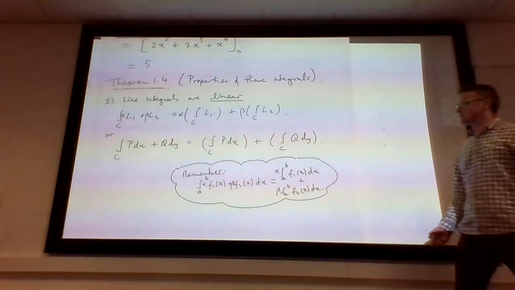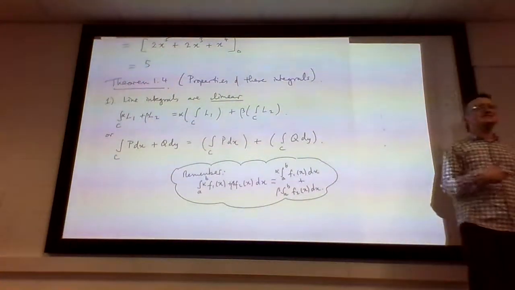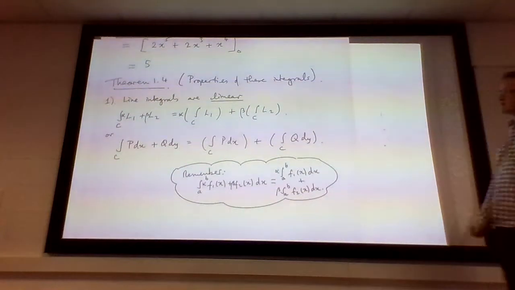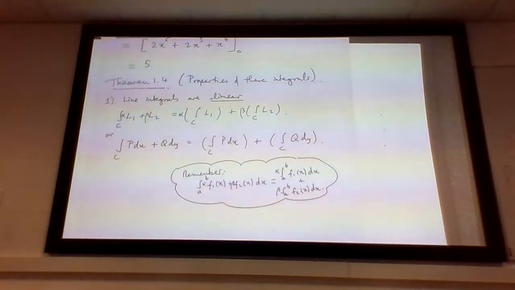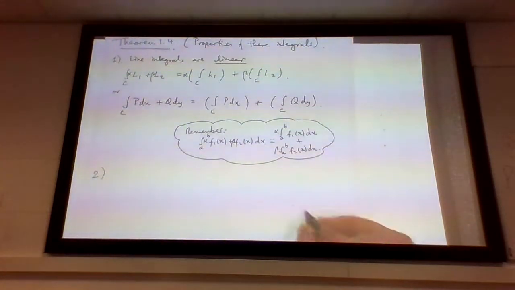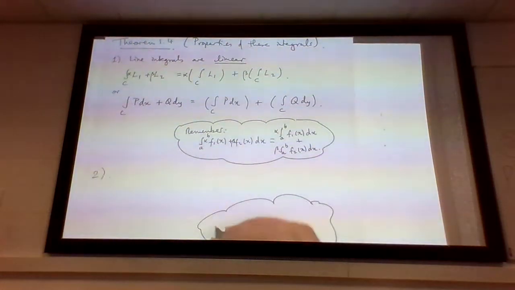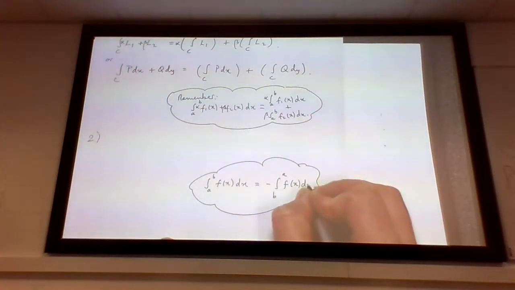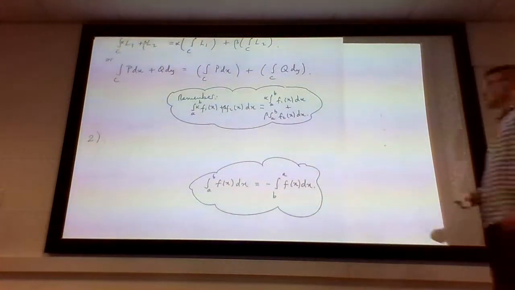So integration, as we knew it already in the single variable case, was a nice linear operator, and it still is, because now that we're looking at integrals of functions of two variables. Secondly, and I'll put the thing you're familiar with here first, if you had to integrate a function of a single variable f of x dx from a to b, you're familiar with that if you reverse the direction of integration, then you reverse the sign of the integral.